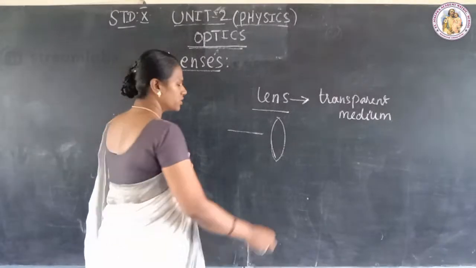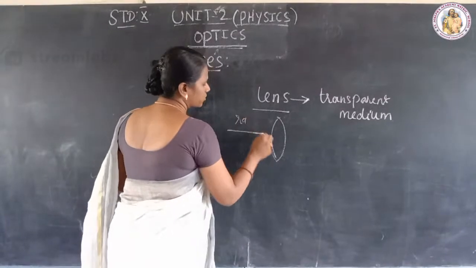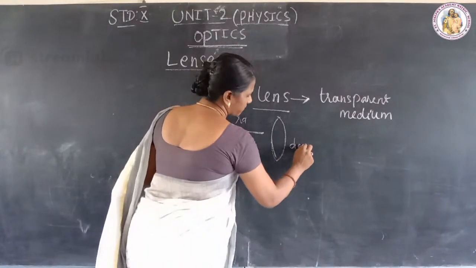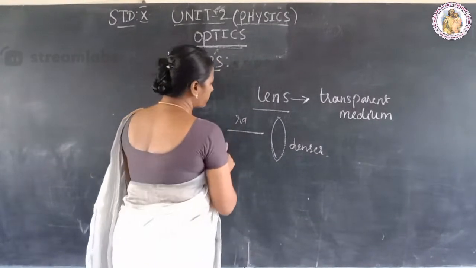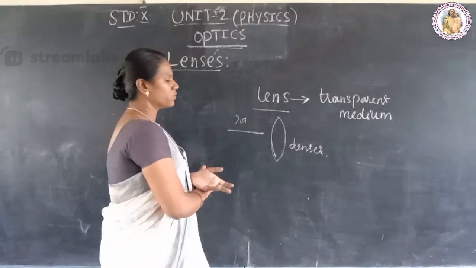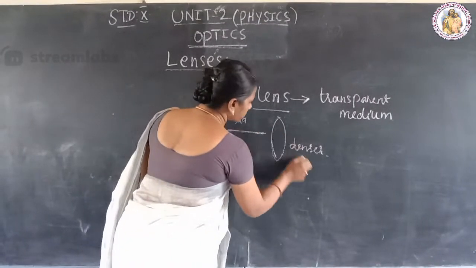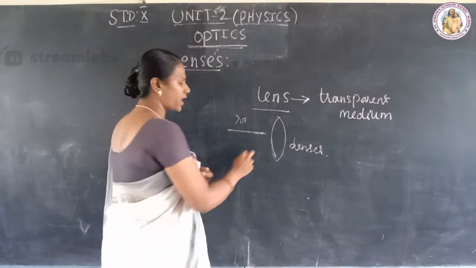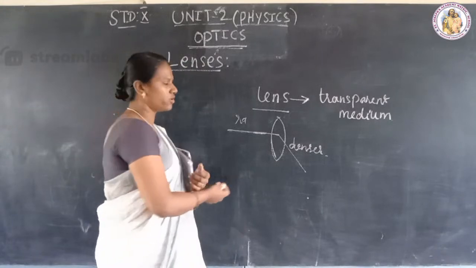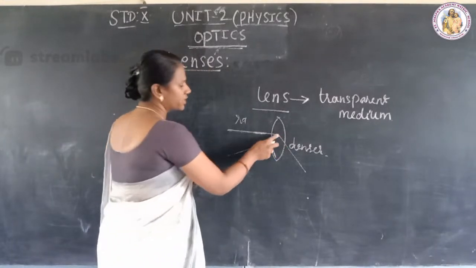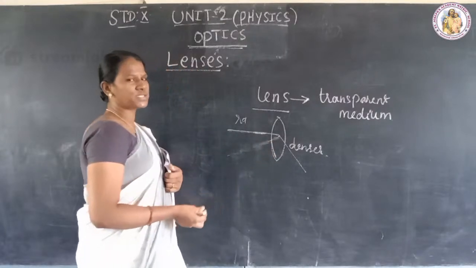So the light is traveling from the rarer medium to the denser medium, and it will get refracted, not reflected.